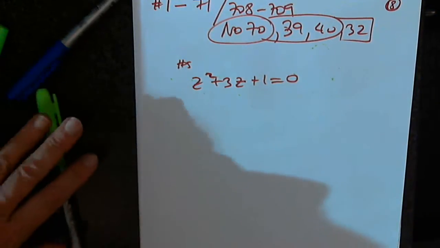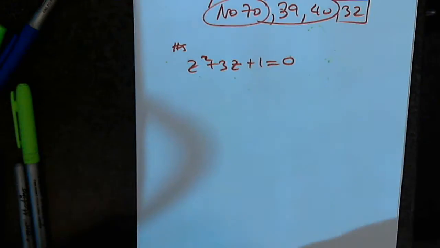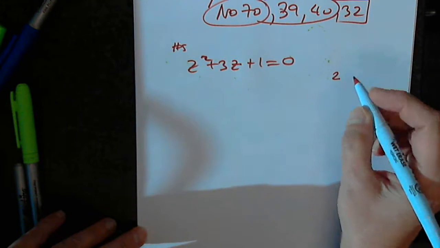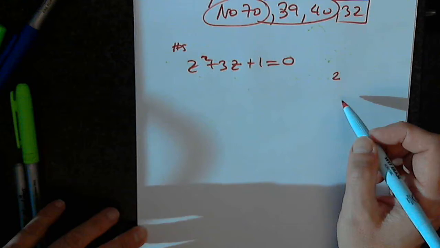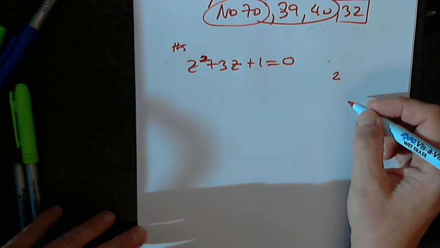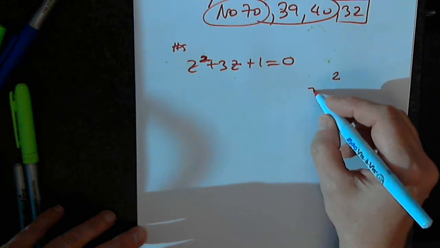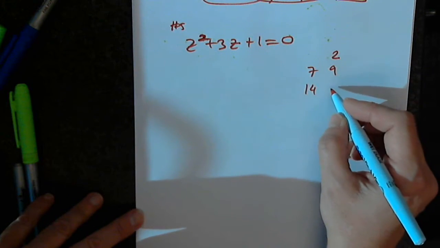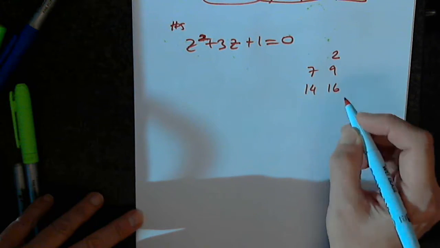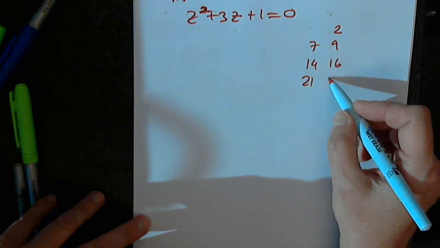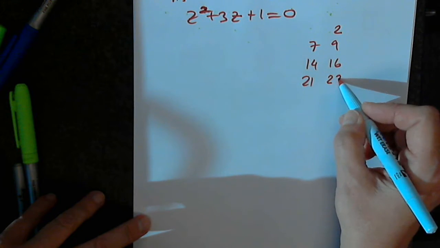Now, before we start talking about this, let me think for a second. Today is the 2nd, isn't it? Yes. Then we have the 7th and the 9th. And then we have the 14th and the 16th, right? And then we have the 21st and the 23rd.